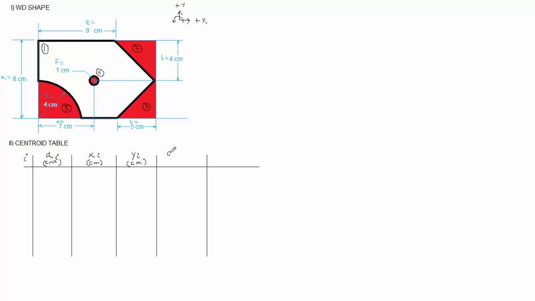And the last two columns here are simply multiplications of the area times the x bar and the area times the y bar. So now there are 5 shapes, and a total. So step 3 will be finding areas and centers, and under that we can just begin doing the algebra.